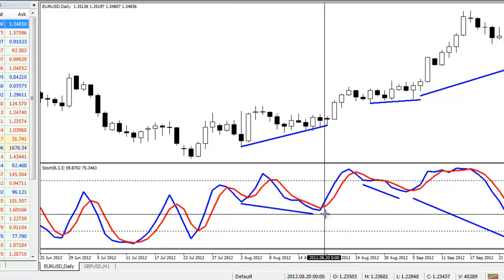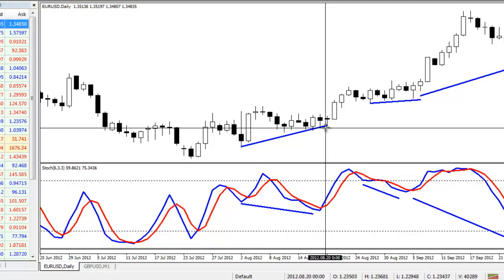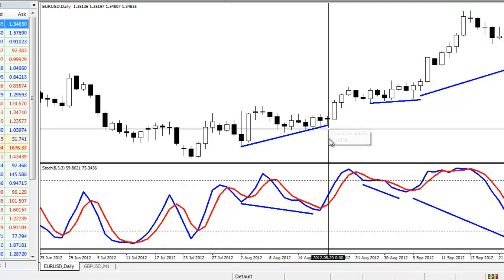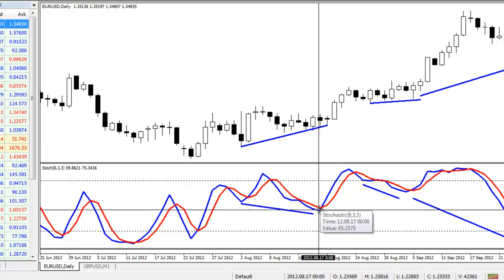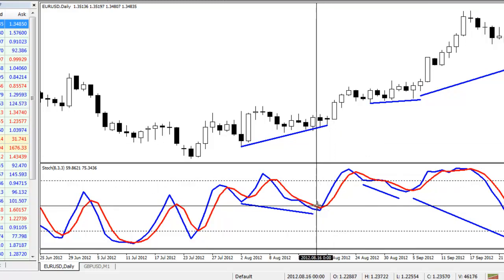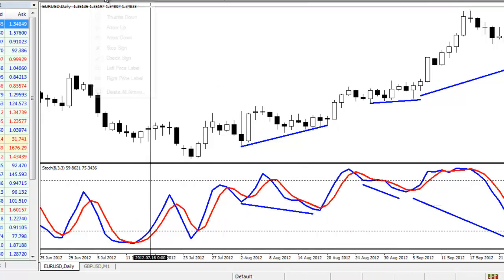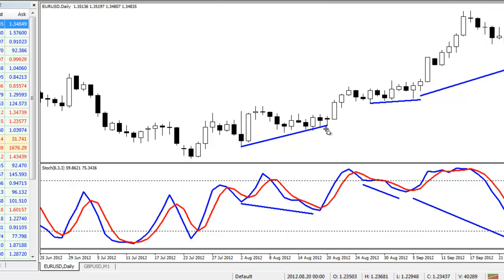We can see that the stochastics has flicked to the upside on this particular bullish pin bar, and it also happens to have crossed over the %D red line as well. So we're happy that we've identified the entry signal, or the entry bar, of this inside bullish pin bar.